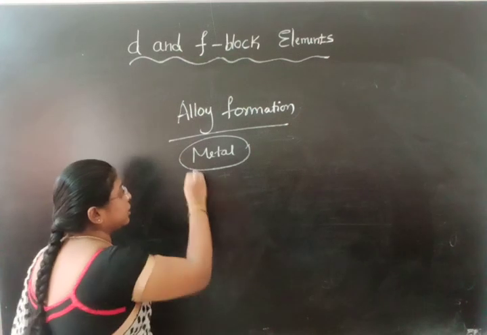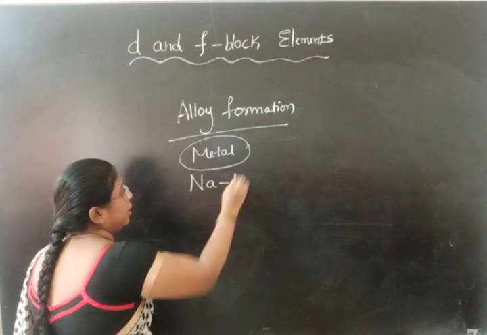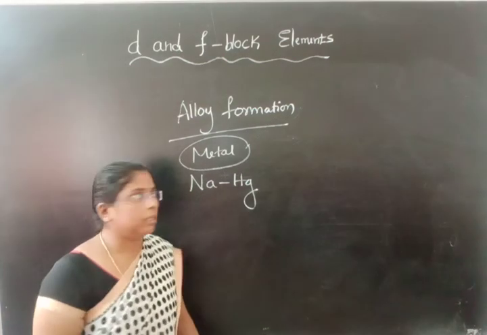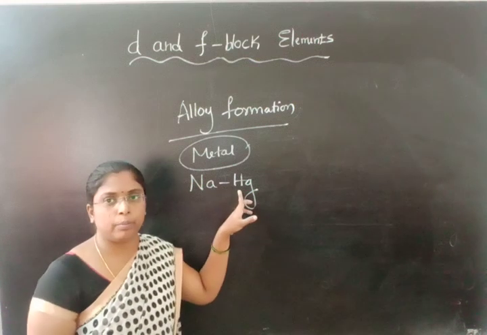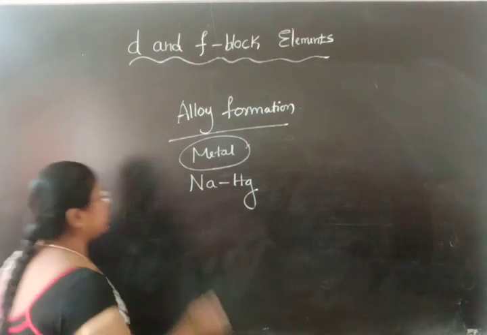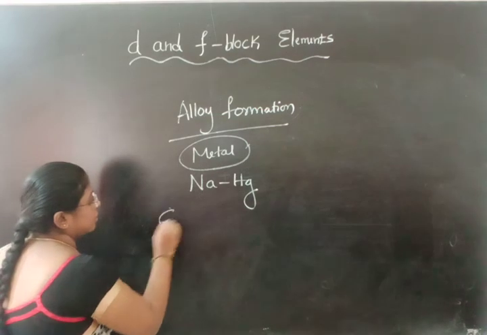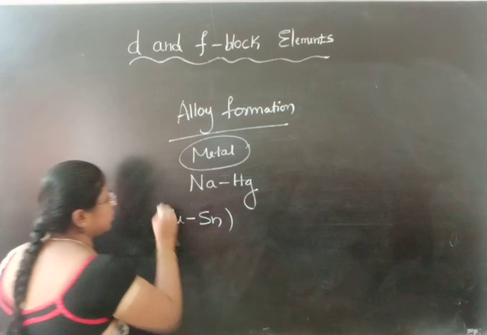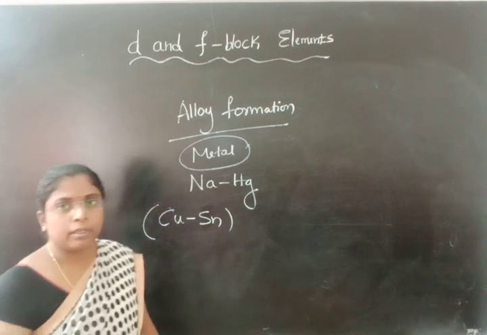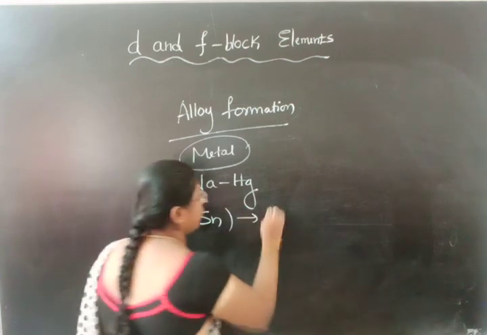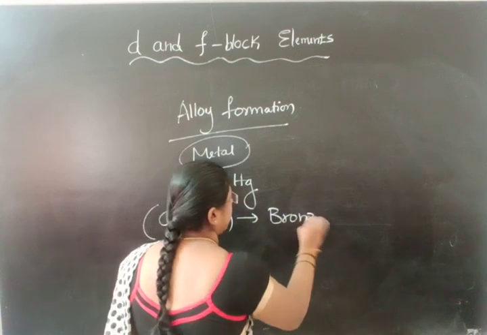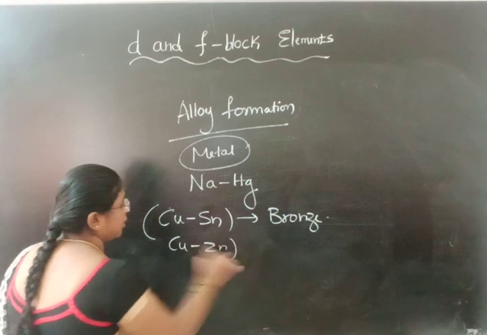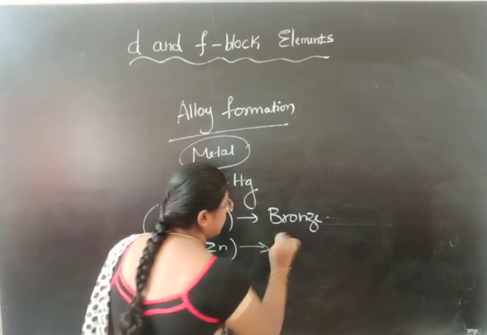In many reactions we have seen NaHg. It is known as sodium amalgam. Here mercury belongs to the d-block elements. If I take copper and tin, it is bronze. If I take copper and zinc, the alloy is brass.